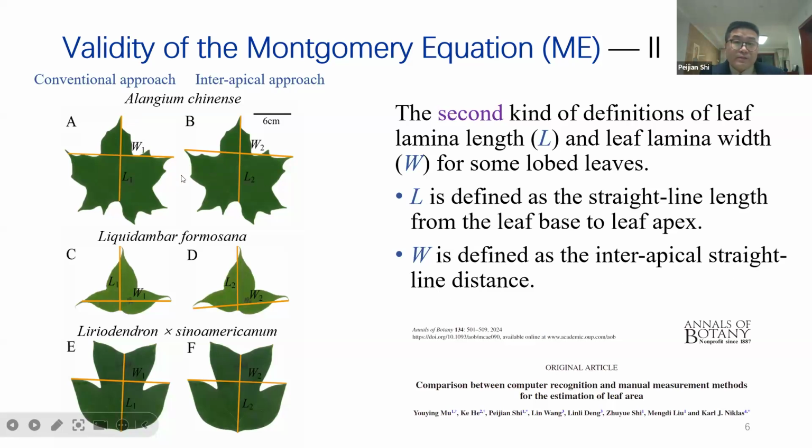We compared the goodness of fit using the conventional approach with the interapical approach.